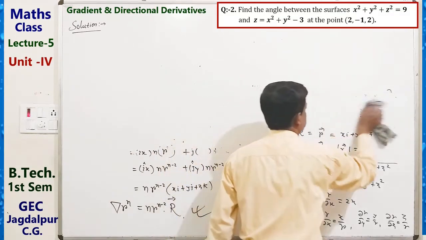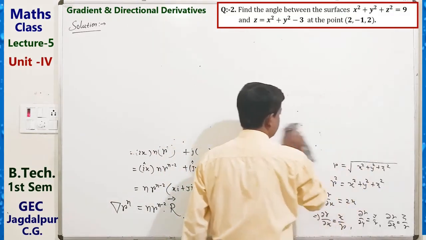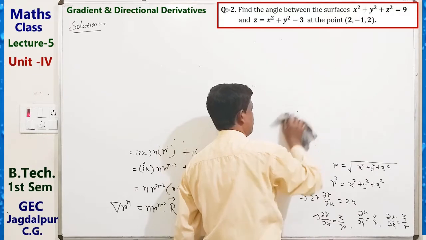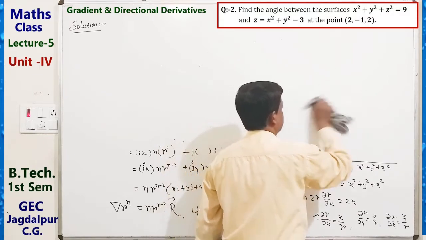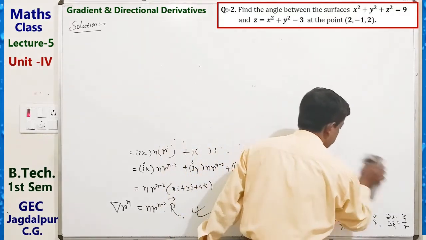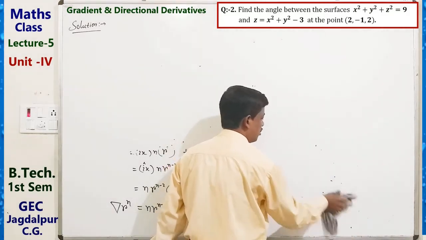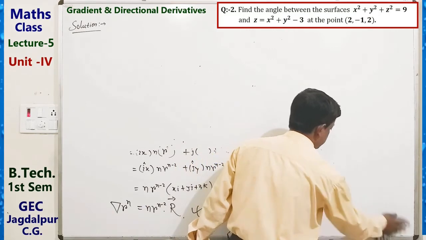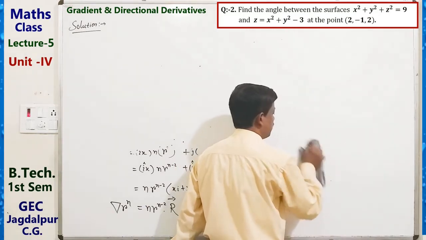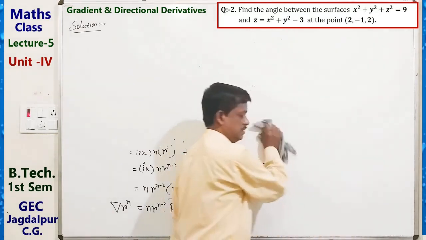Whenever curves or surfaces intersect at a point, the angle between them is given by the angle between their normals at that point. Normal means the line perpendicular to the tangent.